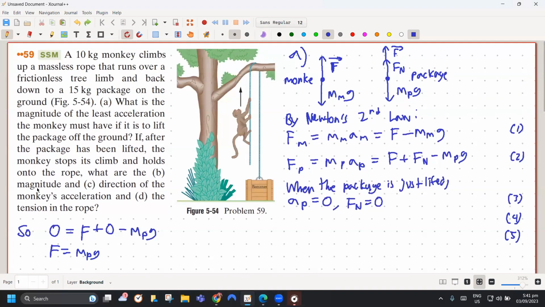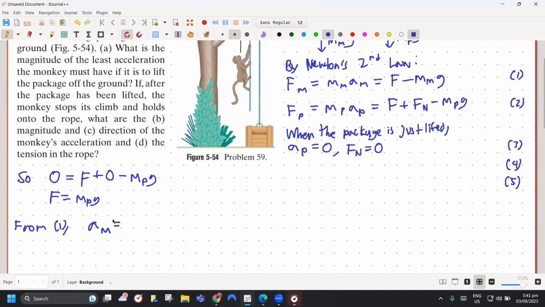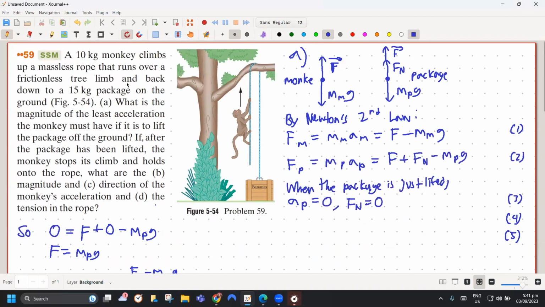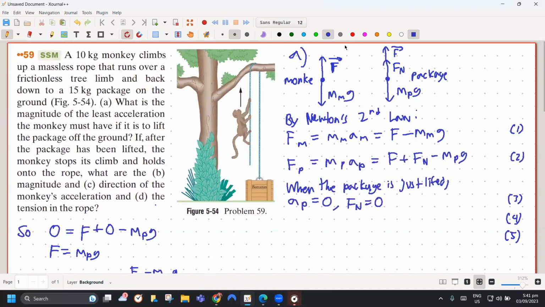From 1, we know the mass of the monkey, G, and the mass of the package.